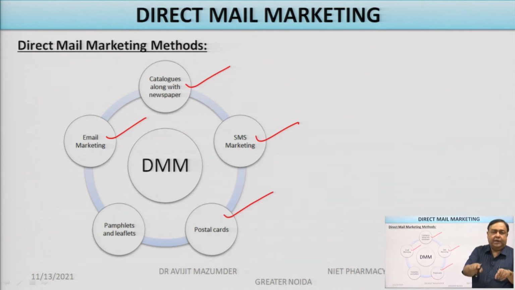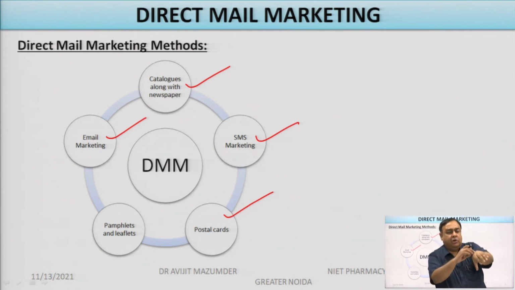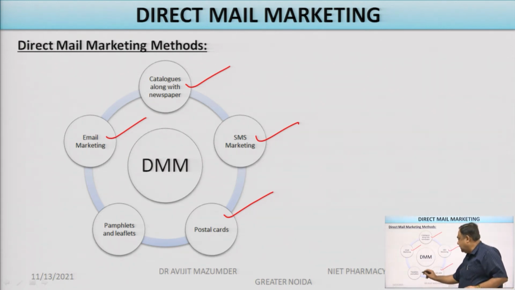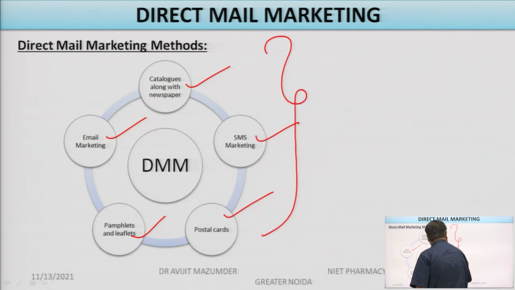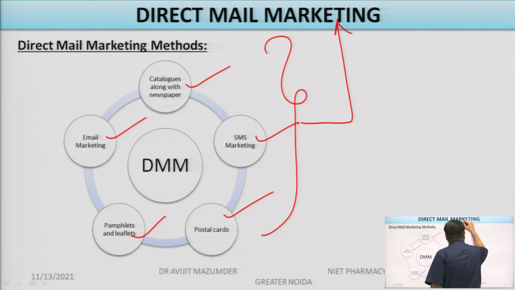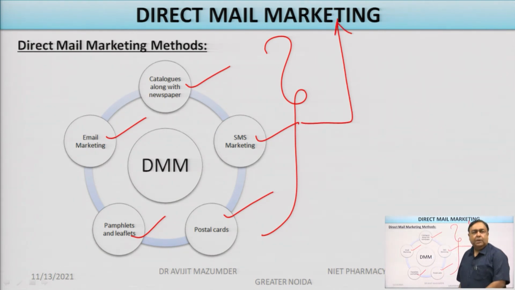On one side there is a message imprint, on the other side your name and address. It was very popular a few days back, but gradually it has lost its importance. Next are the pamphlets and the leaflets.